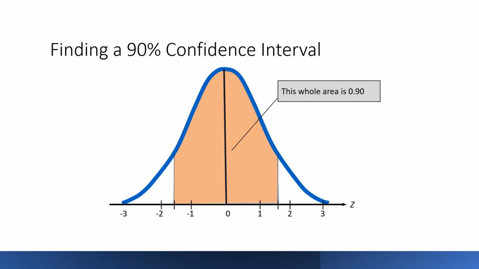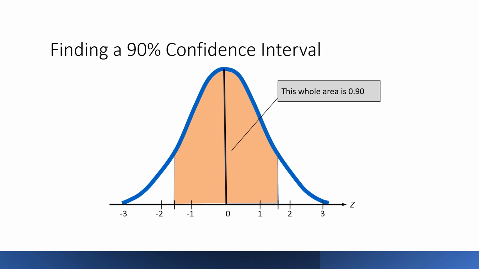So looking at the 90% confidence interval, the area in red is going to correspond to 0.9 since we're finding a 90% confidence interval. So in the z-table, depending on if you have a cumulative z-table that starts at negative infinity and goes up, then you're going to be looking for the value of 0.95 to get that positive standard deviation value.